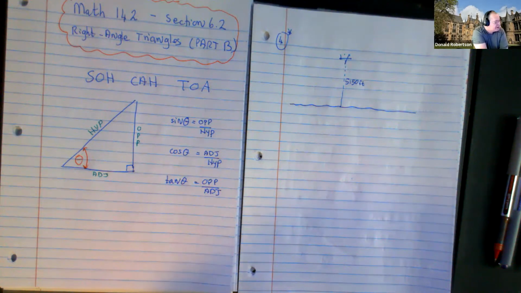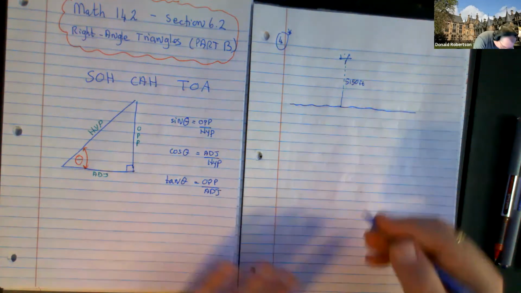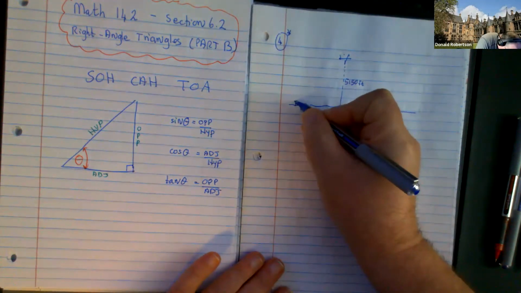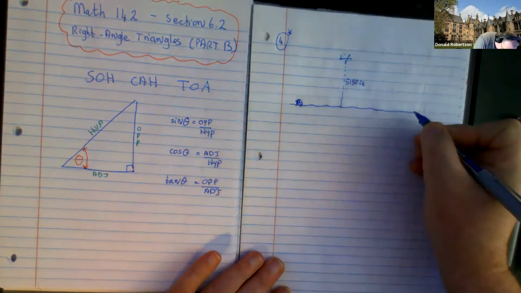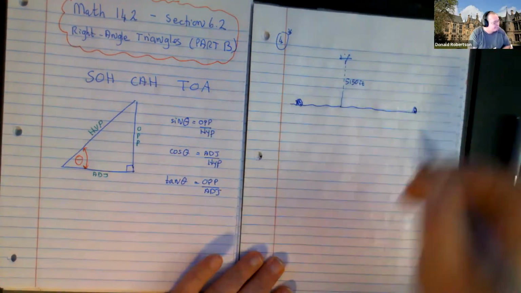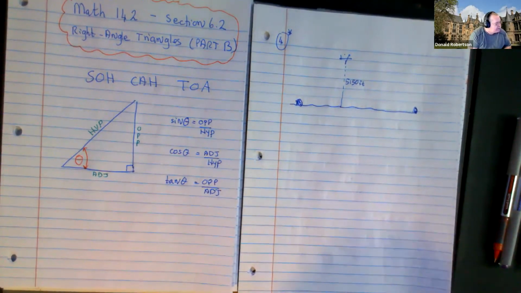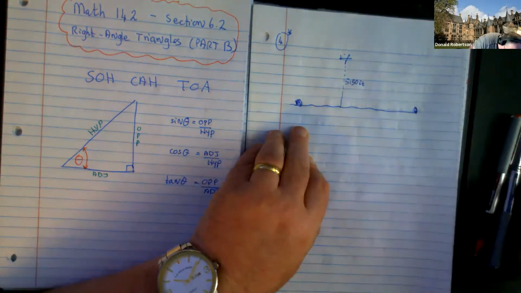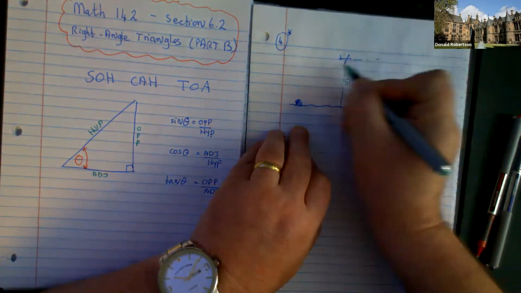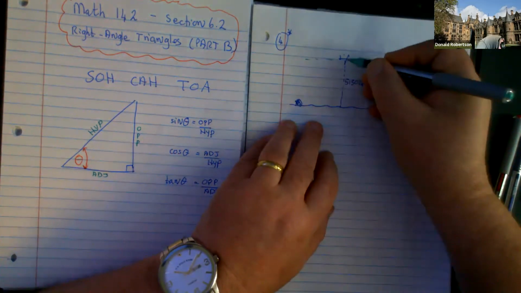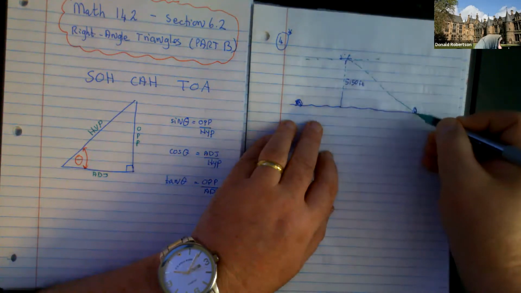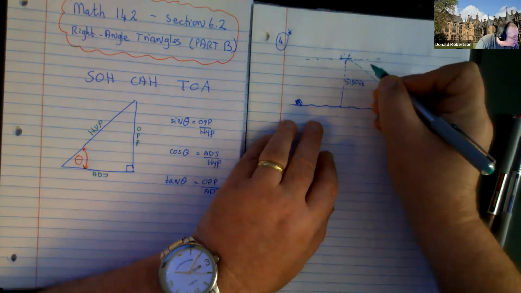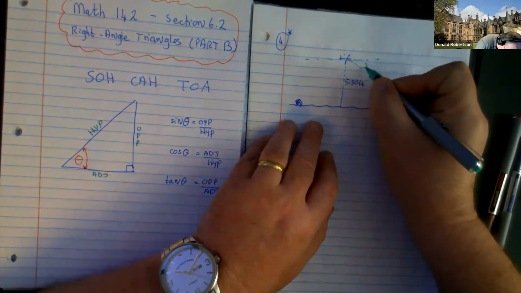Okay. 2 motorists are driving on the highway on opposite sides of the plane. Okay, so I got a car here, and I got another car here. And the angle of depression to one car is 35. So I'm going to have to put in more dotted lines. So if you went down this way to that car, the angle is 35 degrees.